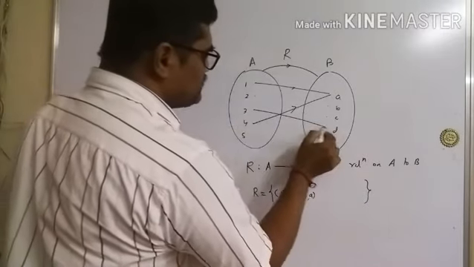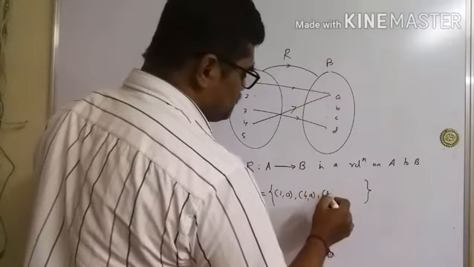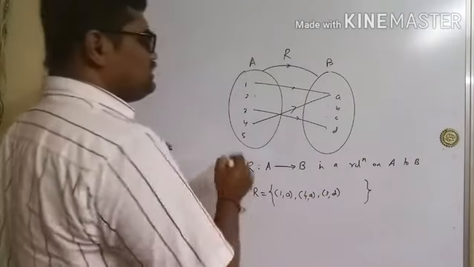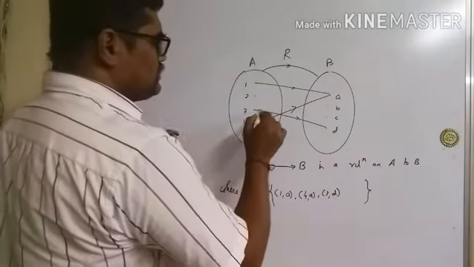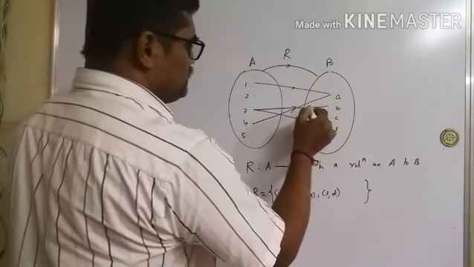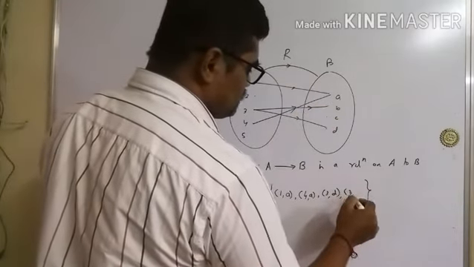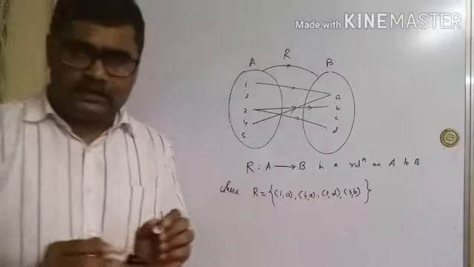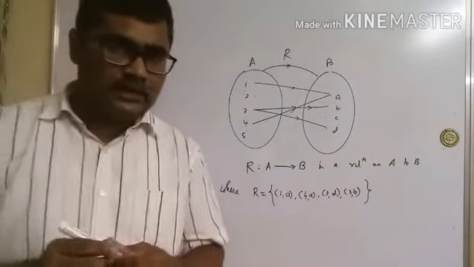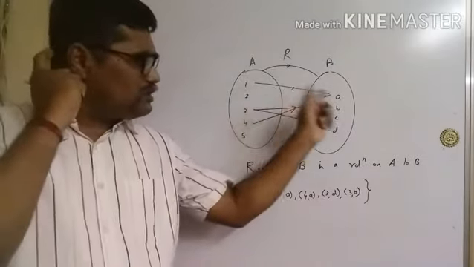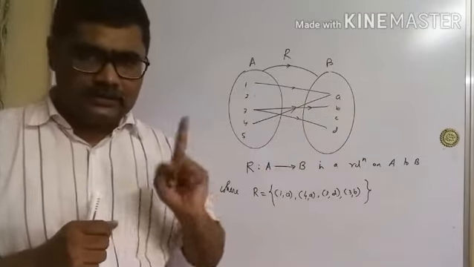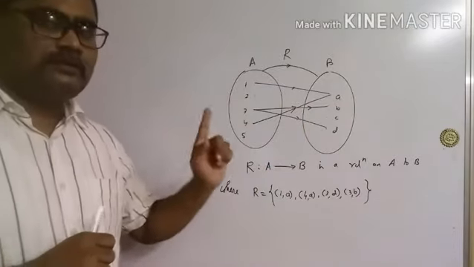Suppose this 3 is related to D, I should write 3D. And then suppose this 3 is also related to B, I write 3B. Right? It is not at all necessary that I should get arrowheads from each of the elements to the other for a relation, right? Because a relation is a subset of A cross B.